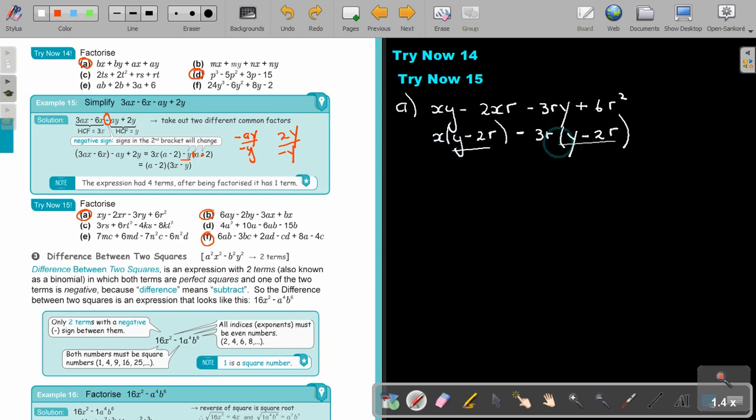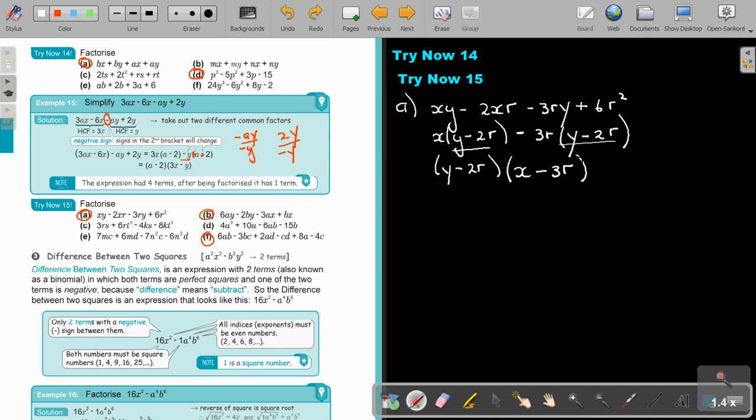So take out this bracket, so it's going to be y minus 2r. And if I divide, this is x, and if I divide, this is 3r. And that will be my final answer.